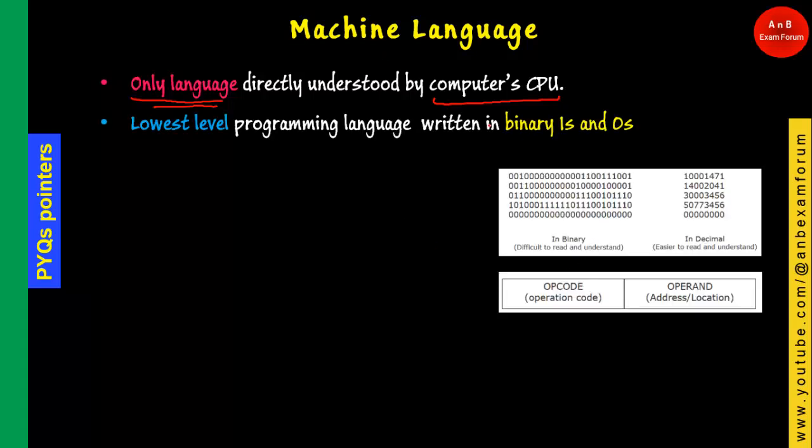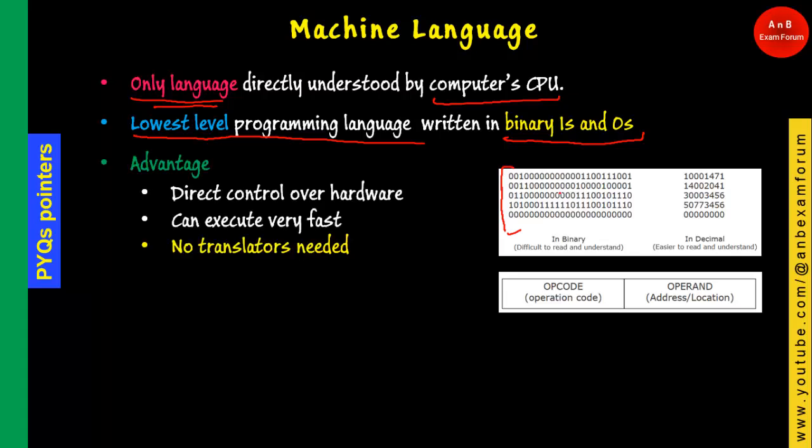It contains only binary 1s and 0s. So this is one language, it is binary language. It is considered the lowest level programming language, which consists of 1s and 0s, and each 1 and 0 represents something for the computer.